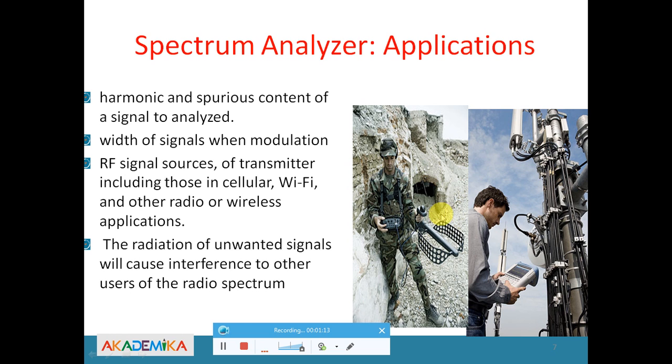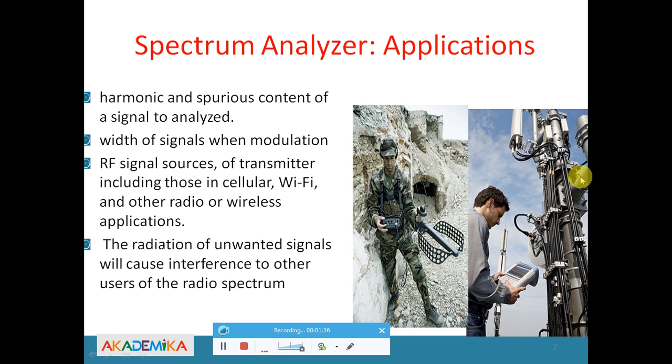He is detecting the wideband spectrum available in the vicinity of the soldier. So the first application of the spectrum analyzer is to locate the various spectrums available in the vicinity, and that's why most people use an antenna with the spectrum analyzer to locate spectrums along with their power.